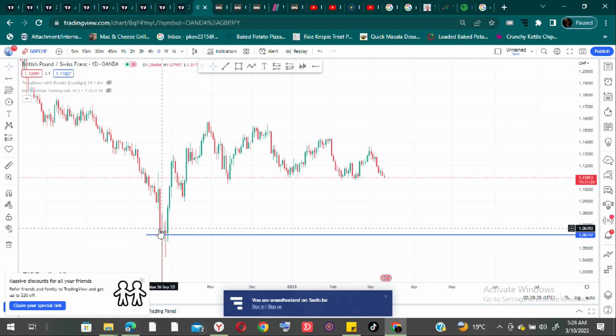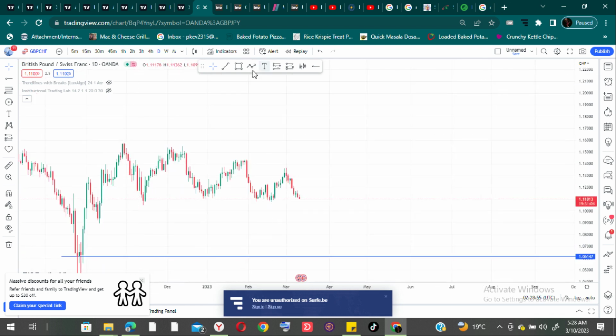So now you're going to look for another key resistance zone, or yeah, another level that we've seen the market testing not only once but multiple times. And you can see this zone over here. These zones were not only tested once but multiple times. Yeah, and this third one.